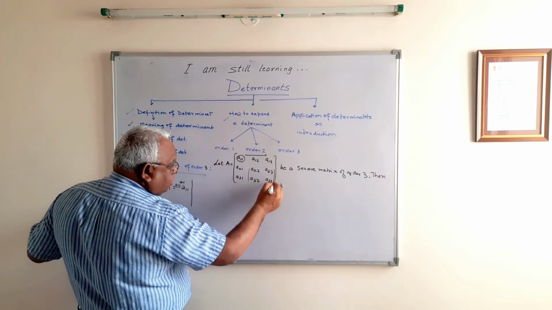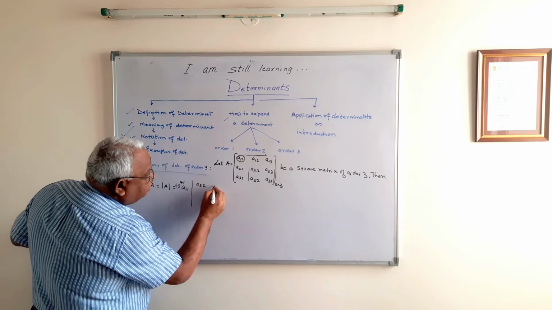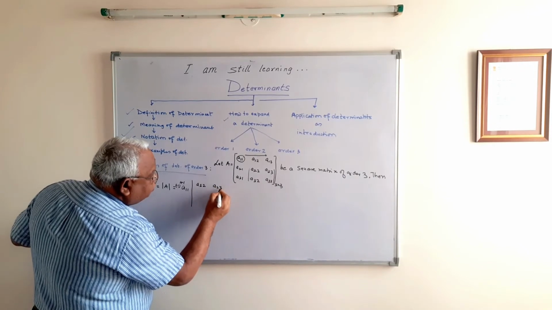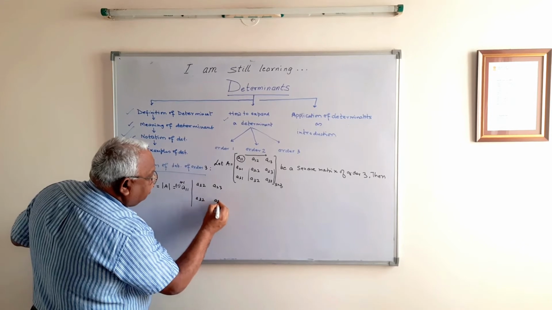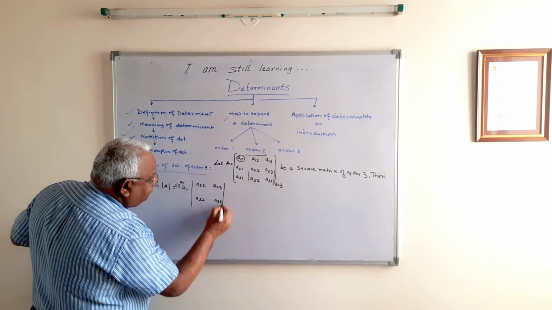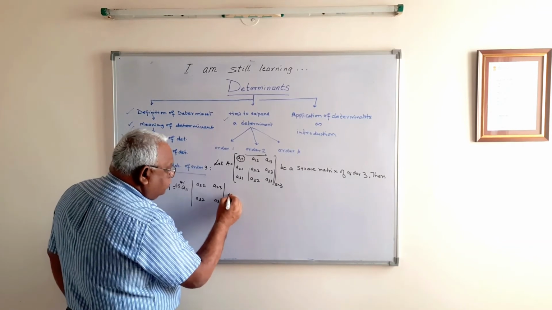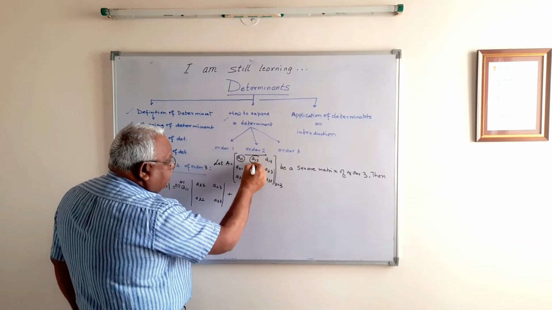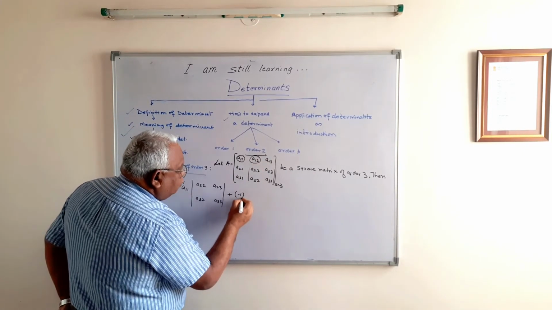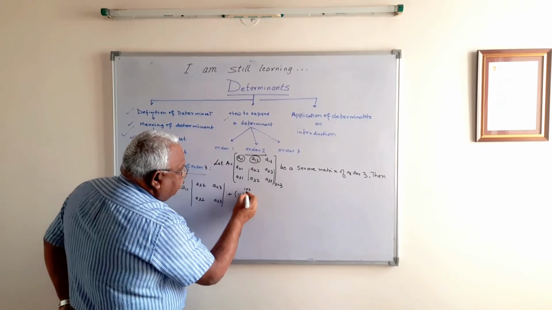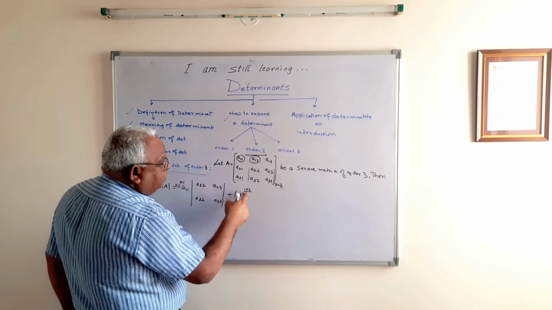I am just putting a line. So it is A22, A23, A32, A33. Then plus I will take the next element. The position of this element is 1, 2. So you will add the index.